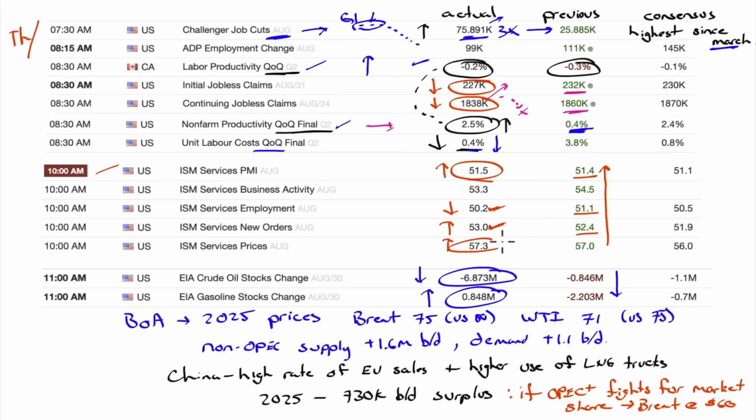Prices paid, this is not so good, 57.3 versus the previous month of 57 versus a consensus of 56. We saw this in manufacturing PMI and in the services PMI. The prices paid index expanding month over month. Not showing up in CPI, hasn't shown up in CPI or PCE.